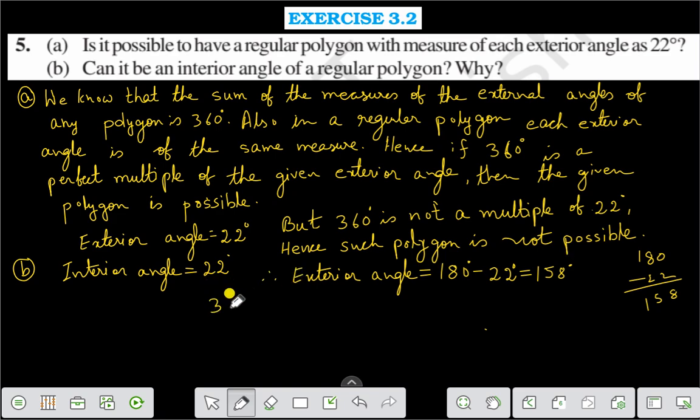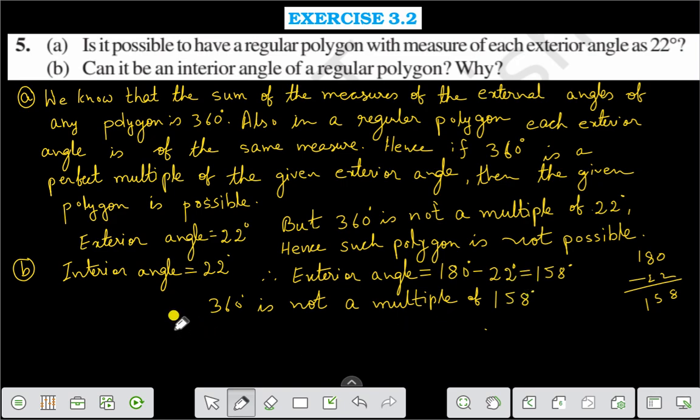Now here you see 360 degrees is not a multiple of 158 degrees.